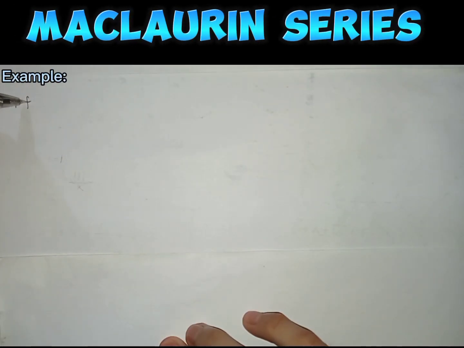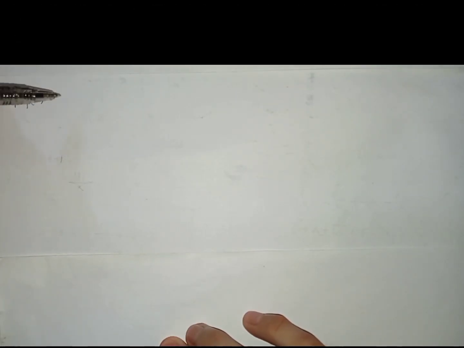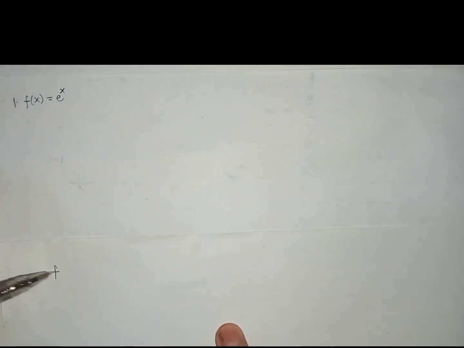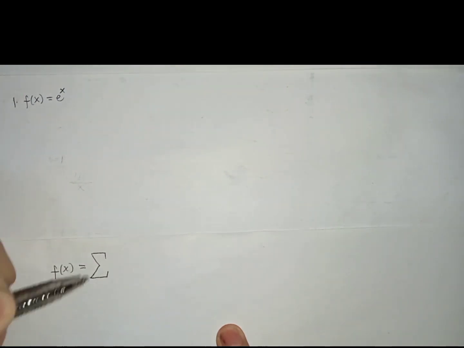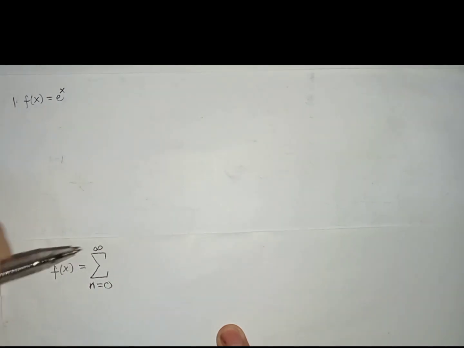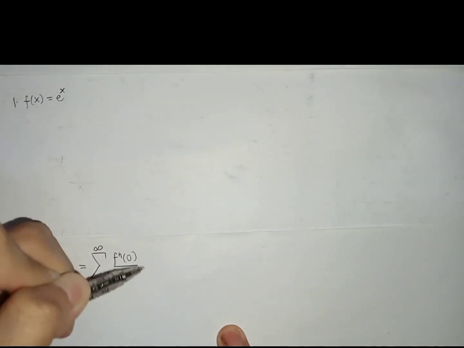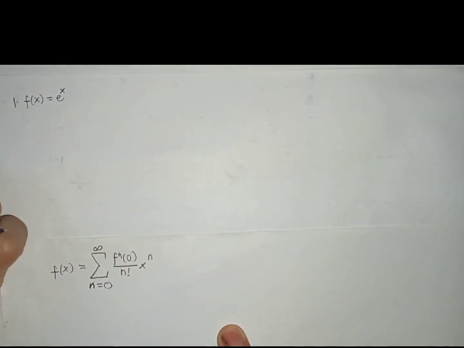Now let's try this example: f of x equals e raised to x. To answer this, all we need to do is follow the steps. Of course, we first write the general formula of the Maclaurin series, which is f of x equals the summation of n equals 0 to infinity of f to the n of a or 0 over n factorial times x to the n.